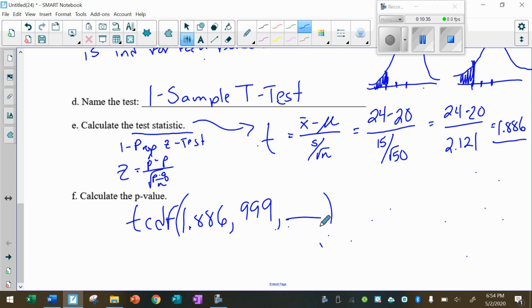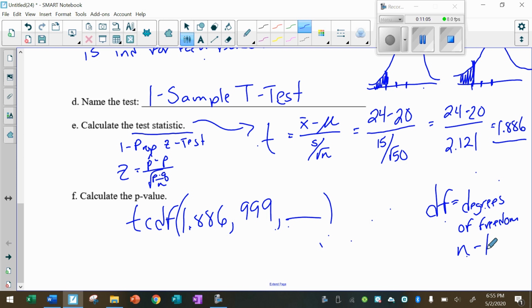And then it's asking you for something else, DF. And DF stands for something that we call degrees of freedom. All right? And I'm going to keep this as simple as I can for you. Degrees of freedom is a number, and it's the sample size minus 1. Because the T-curve actually changes depending on the sample size. So this degrees of freedom kind of defines what T-curve we're actually using.